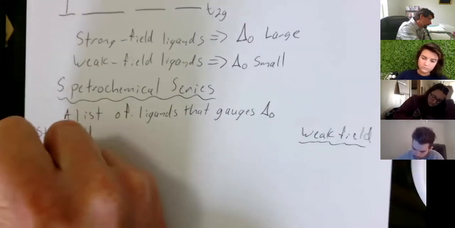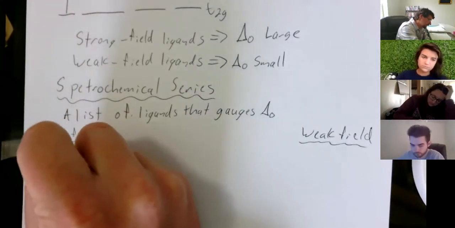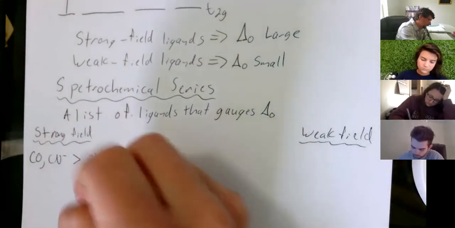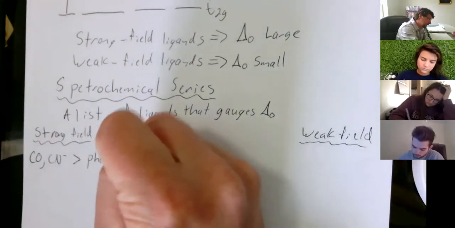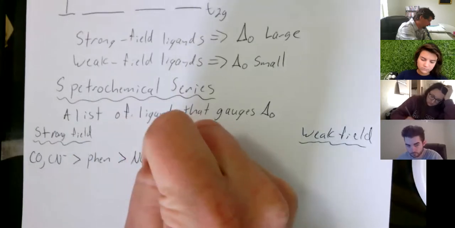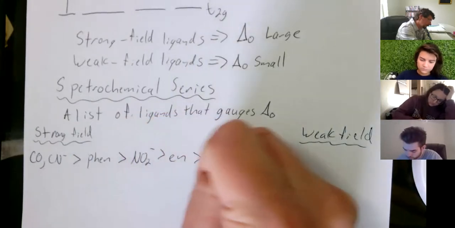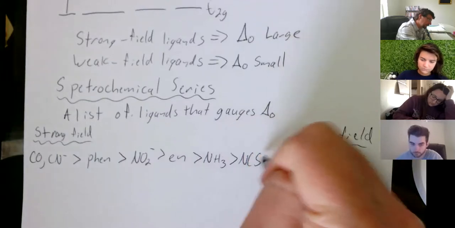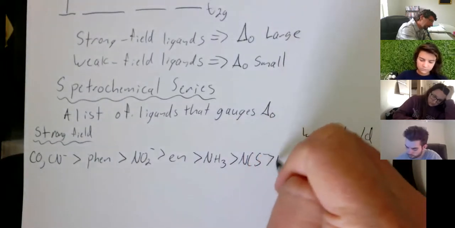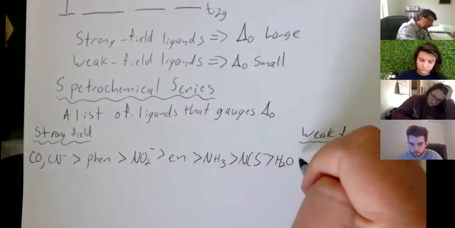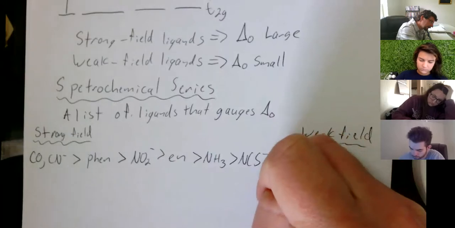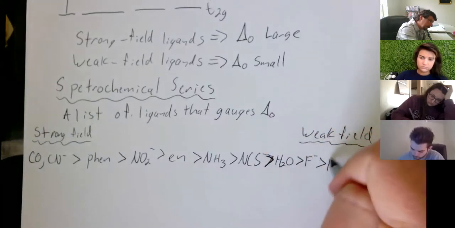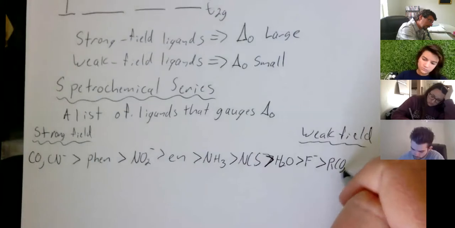So we've got CO, CN minus, which is less than phenyl, which is less than NO2 minus, less than en, NH3, NCS, H2O, F minus, Cl minus, Br minus, I minus.